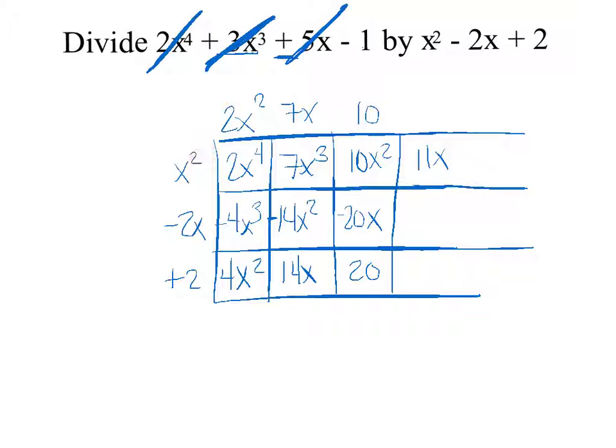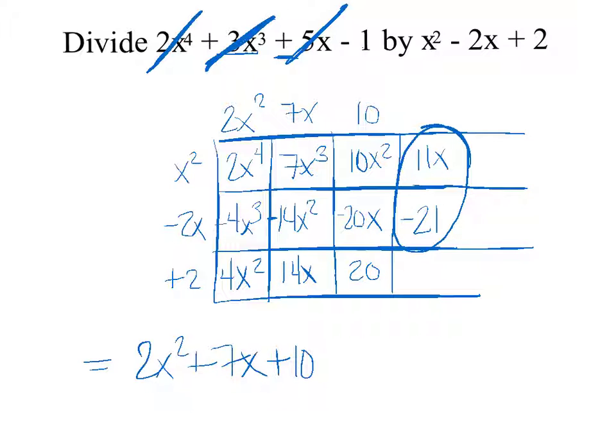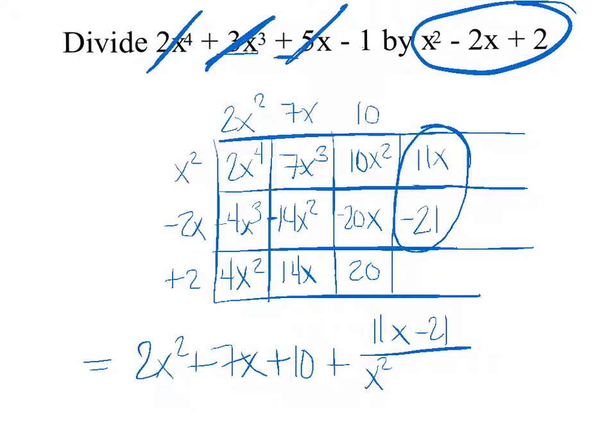Remember, this exponent is bigger than this one. So I'm now looking at remainders. So right now I just want to focus on how can I get these to make this. So now I've gotten my x, so now I need to get my unit. I have 20. So to get negative 1, I'm going to need negative 21 also. So this together is going to be my remainder. So my answer is 2x squared plus 7x plus 10 plus, now the fraction 11x minus 21 over the thing I was dividing by, x squared minus 2x plus 2.